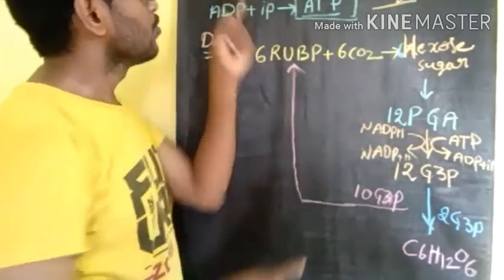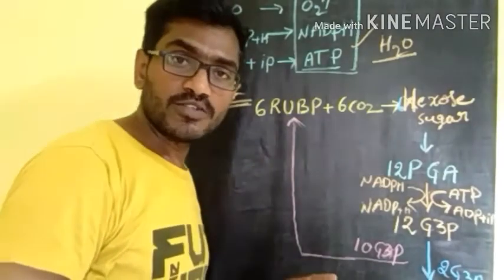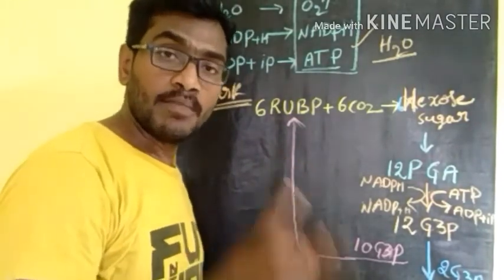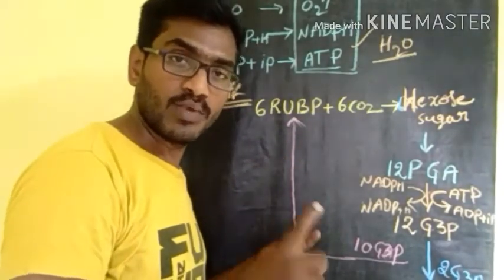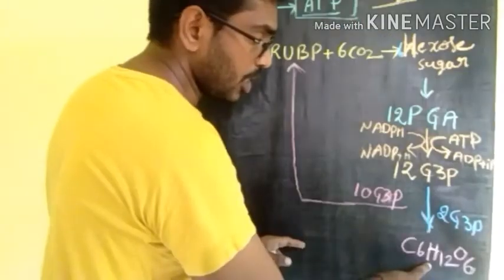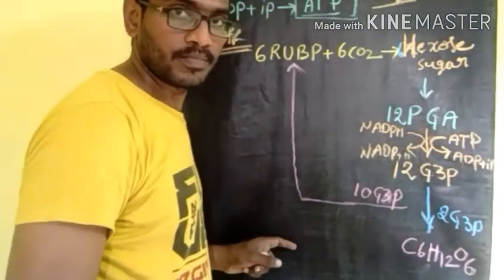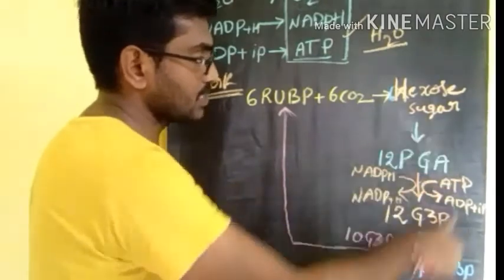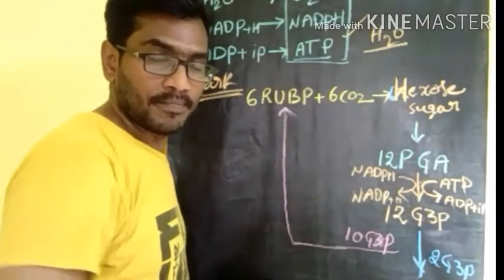So when 6 molecules of carbon dioxide and 12 molecules of water are involved in photosynthesis, 1 molecule of glucose will form. This total process occurs in the stroma.